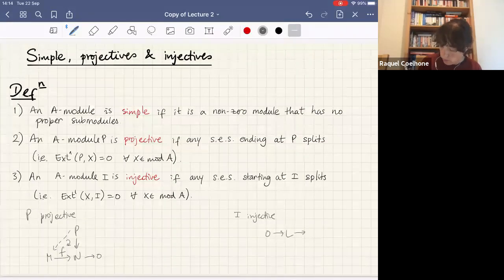If you have a monomorphism and a map from the first term to the injective, then this map factors through this monomorphism. But this is the same as saying that this short exact sequence splits. And this is a property to keep in mind when I define the exact sequences later.